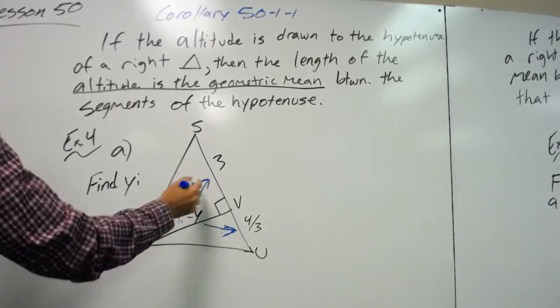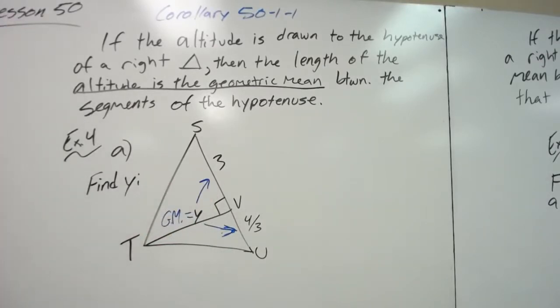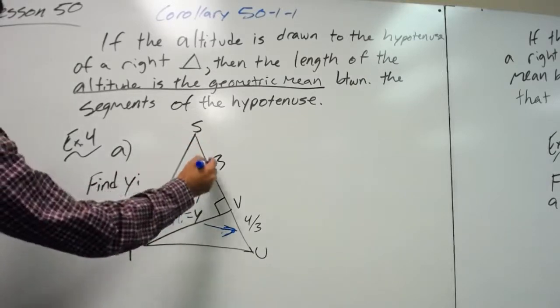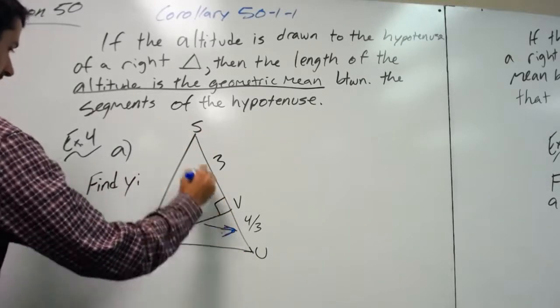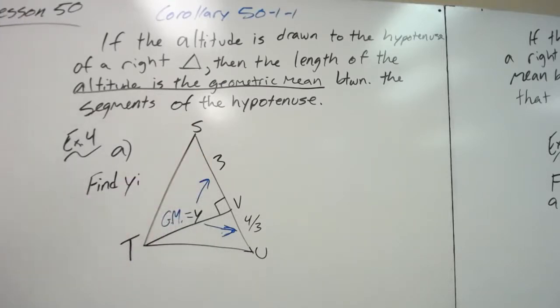So right here we have our right triangle. And it says if the altitude is drawn to the hypotenuse. So what we have here is, this is actually our hypotenuse. This whole shape is not a right triangle, but TV is the altitude, line TV.